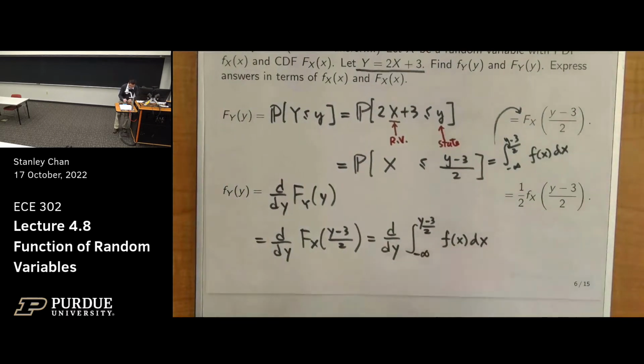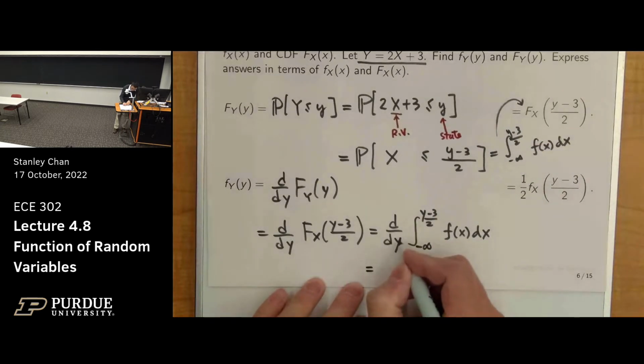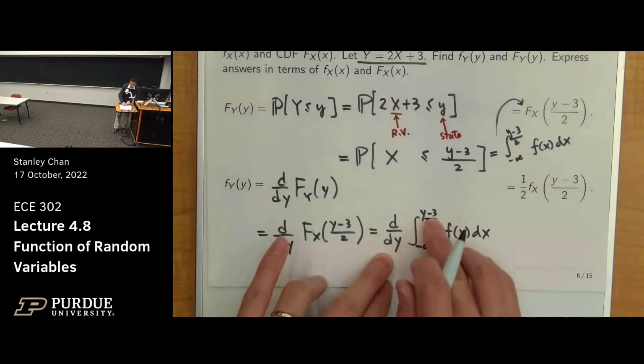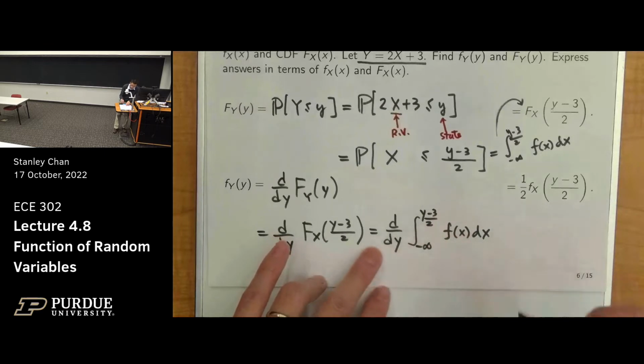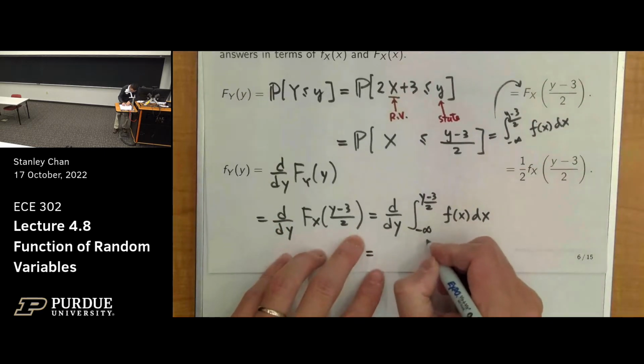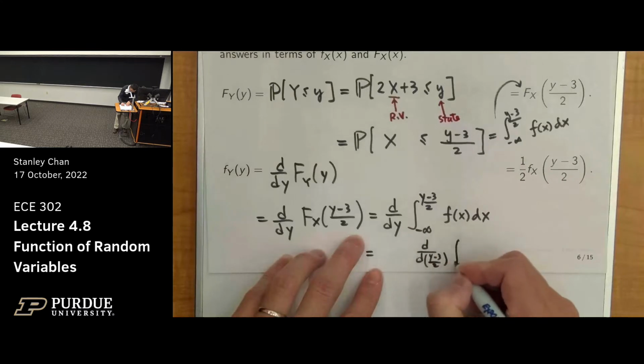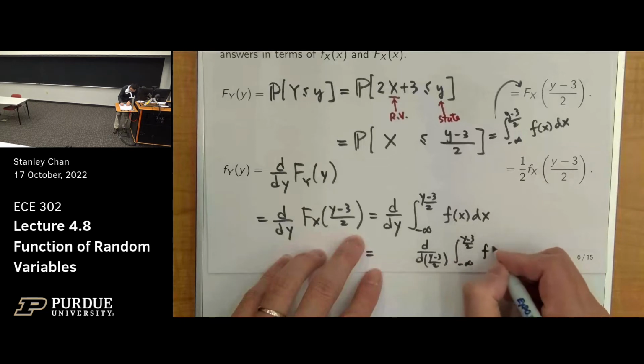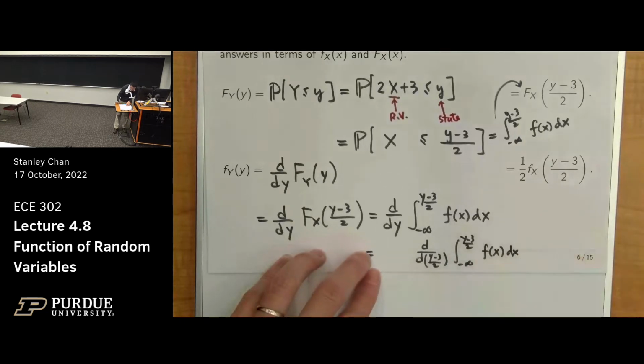This one is the derivative of this integral with respect to y, but there is a mismatch between this y and (y minus 3) divided by 2. So what can we do here? Well, let's do this, d of (y minus 3) divided by 2, so that we can match the upper limit and also the derivative.